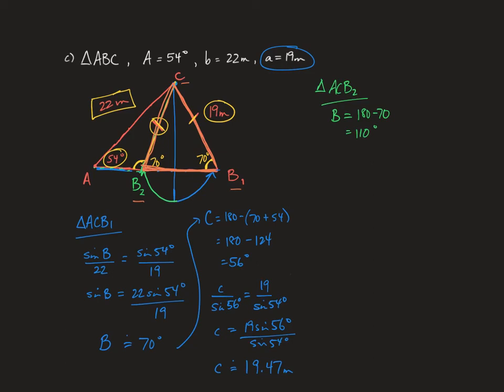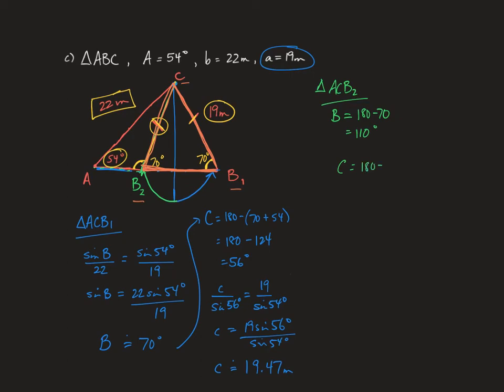I know that it's 110 degrees. Now that I have that, I can finish off solving for the rest of that triangle. So what I'd like you to do is pause the video right now, work your way through, and see if we can find our matching C values.